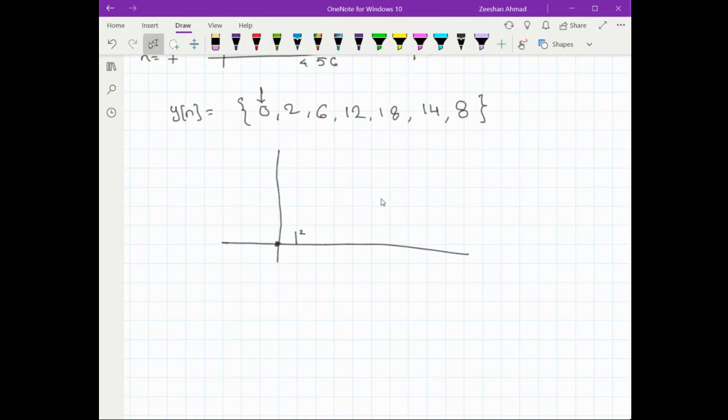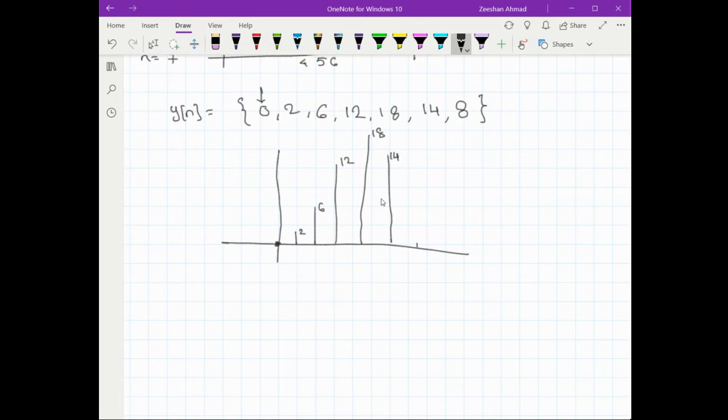At 1 it is 2. Then maybe this is 6 here. Okay, just roughly. Then we have 12 here, just a double of it. Then we have 18 here. Then we have 14 here. 14 will obviously be greater than 12.